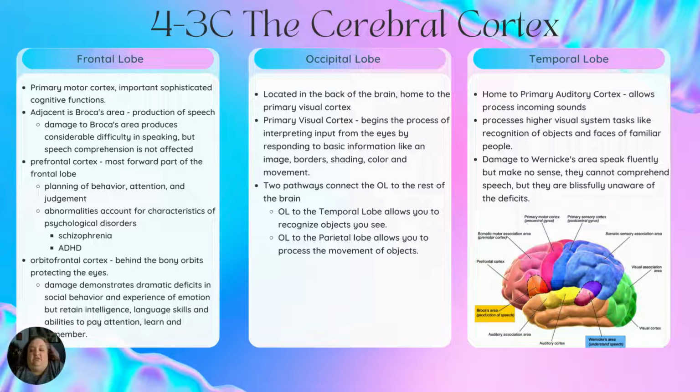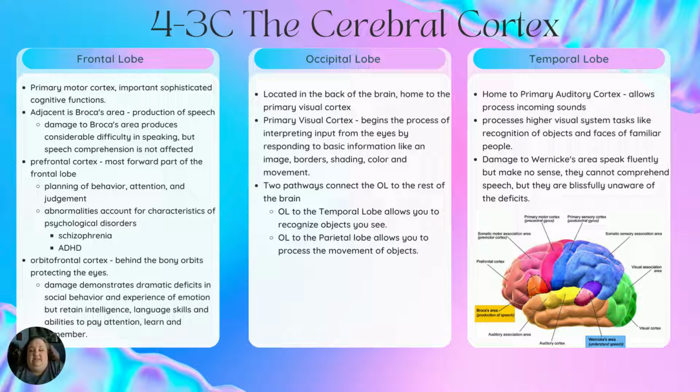Okay. In your temporal lobe, it's home of the primary auditory cortex. It allows you to process sound. It also handles higher visual system tasks, like recognition of objects and faces of familiar people.